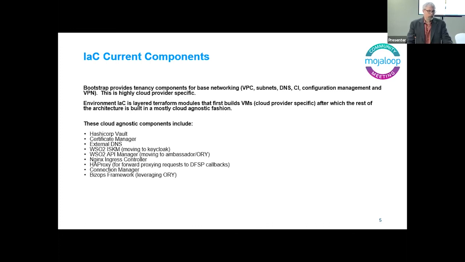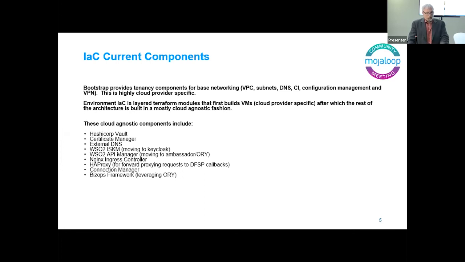So the cloud agnostic components, I'm just listing them out. HashiCorp Vault for secrets management, cert-manager, and external DNS. These allow us to abstract away the DNS considerations and certificate generation. WSO2 ISKM and API Manager. I put in parentheses there where we're planning to move ISKM to Keycloak and API Manager to Ambassador / Ory stack.